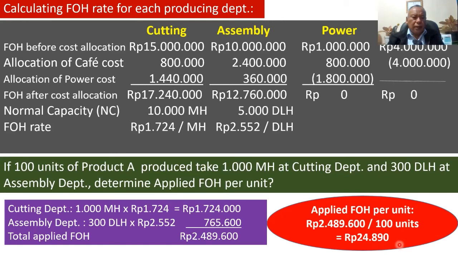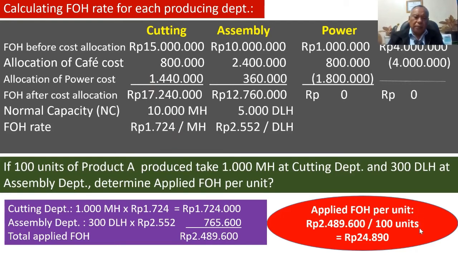This is the way to allocate the service department costs using the second method, the non-reciprocal or sequential allocation method. And also how we calculate the producing department rate and the applied factory overhead cost per unit of product.